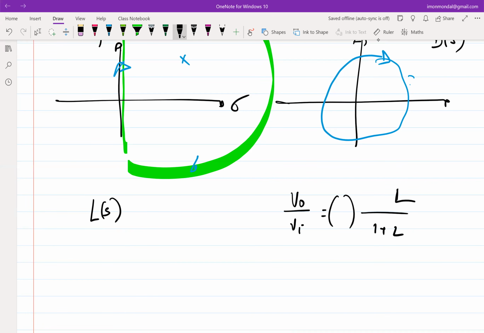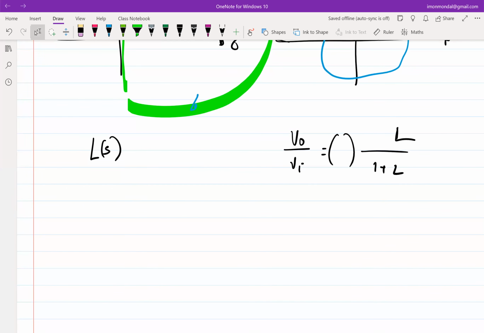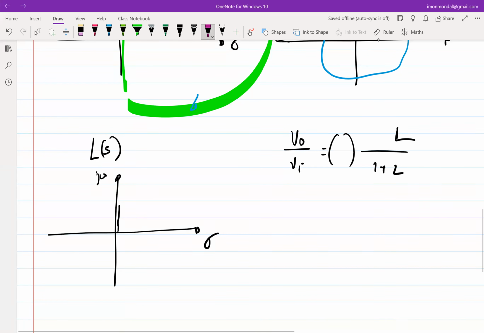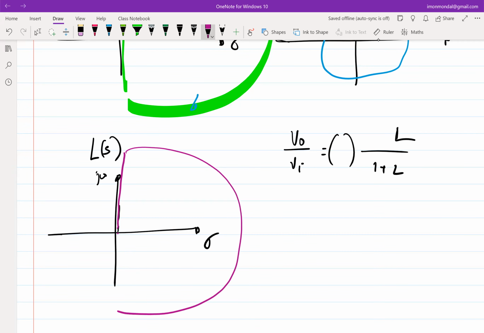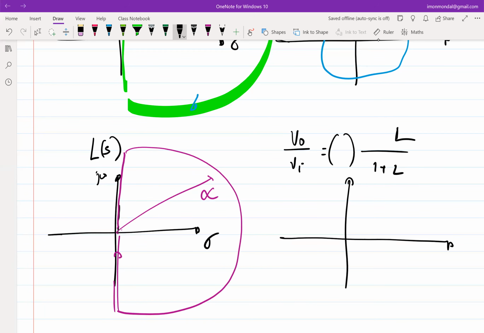Something times L by 1 plus L. So what we are essentially saying is, if I go around this contour, starting from, let's say, 0 to infinite j omega, go around in this radius of infinity, let's say this is radius of infinity, come back, and we try to find out what we are looking for.